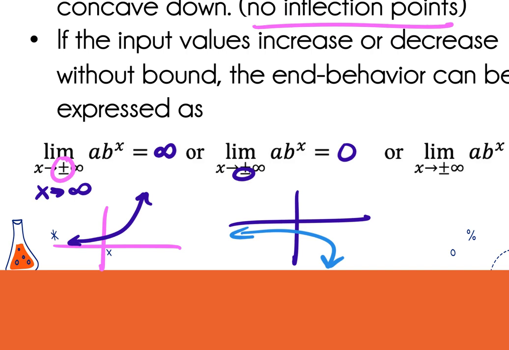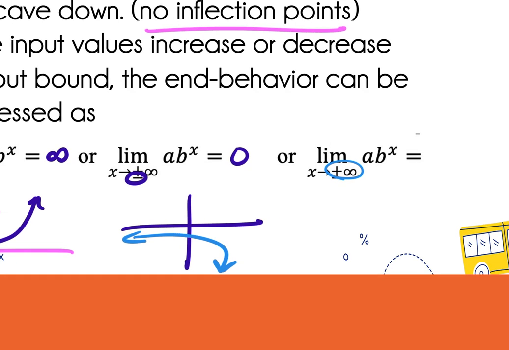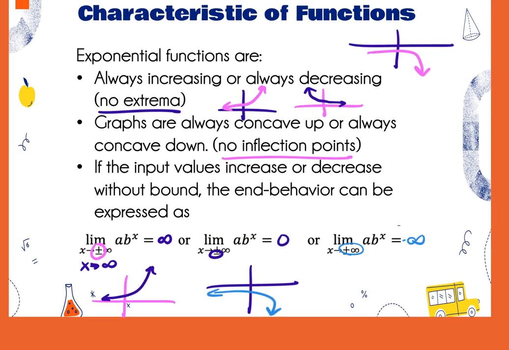Now, the end behavior on the left is still 0, but what's the end behavior on the right? It's negative infinity. So those are your 3 options. Depends on which direction it's facing. It's either going to be infinity, this should have a negative, sorry, it's going to be infinity, negative infinity, or 0 until you start to do a vertical shift. If you do a vertical shift, then that 0 changes, okay? So really only 3 options there.